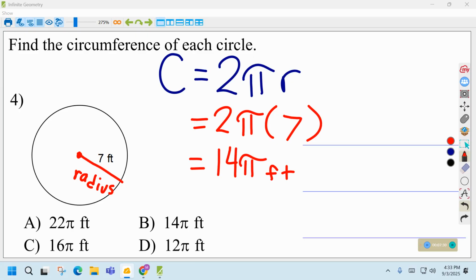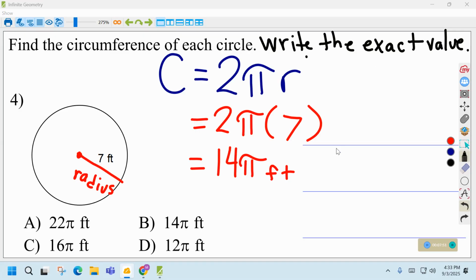So what I'd like you guys to do, I have my students say this, I want you to write the exact value. Okay, and a lot of times people think that that means that we have to get a decimal, okay? But the decimal of an infinite number is an approximation. So this is the exact value right here, okay? We're done.